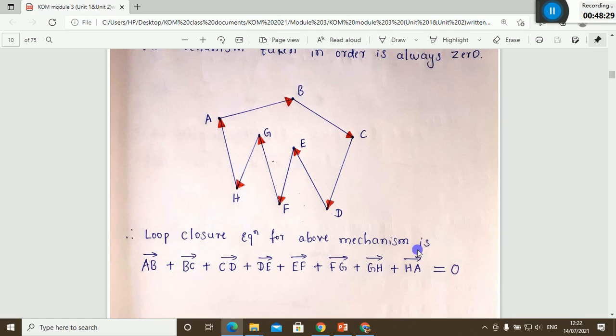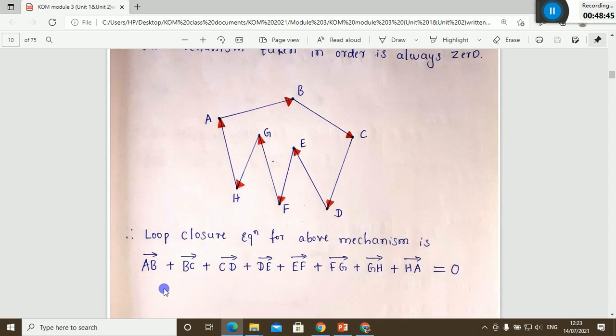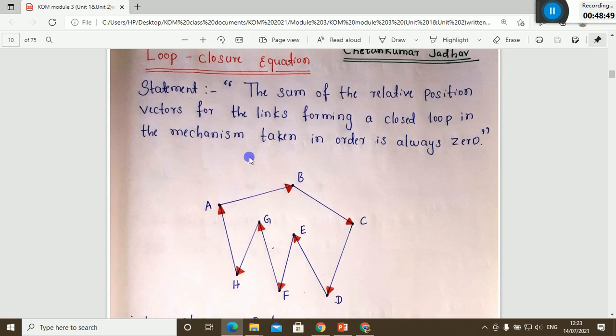When you take the summation of the displacements of all the vectors, it will be 0. Since all are moving clockwise, I can take all as positive. I'll take one problem so that I can say when to take positive and when to take negative. Only take the statement of this loop closure equation.